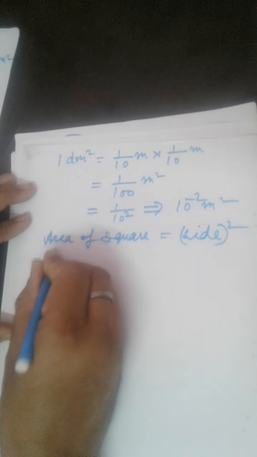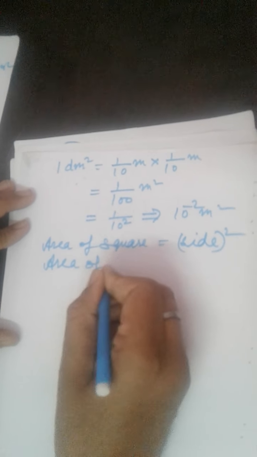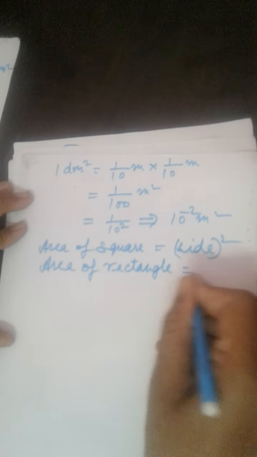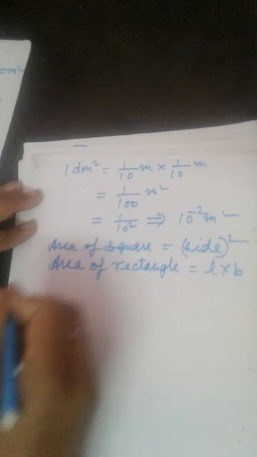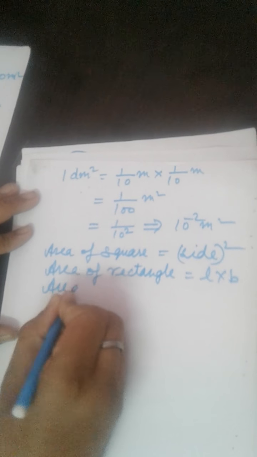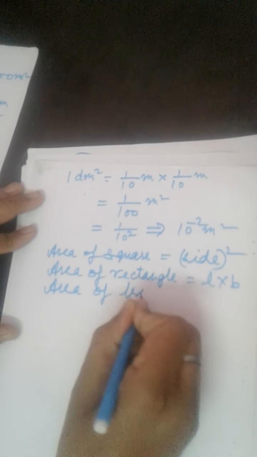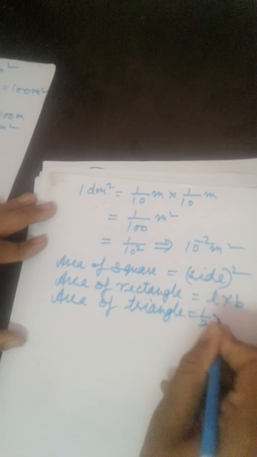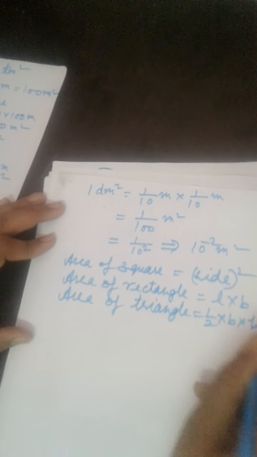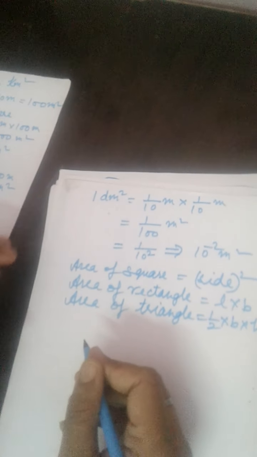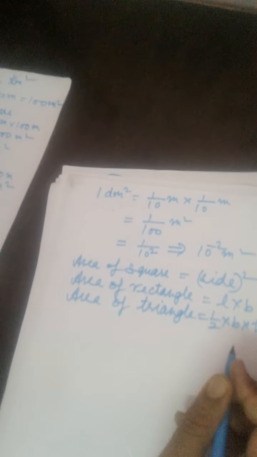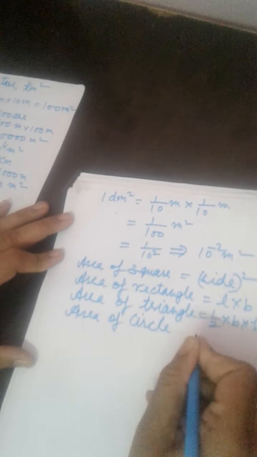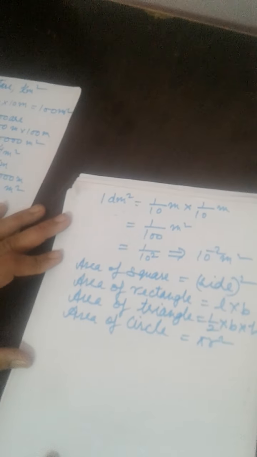Area of rectangle equals to L into B. Area of triangle, 1 by 2 base into height, also we can say altitude. Area of circle equals to pi r square.